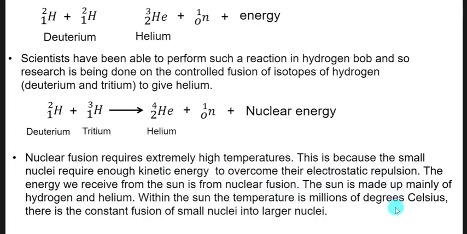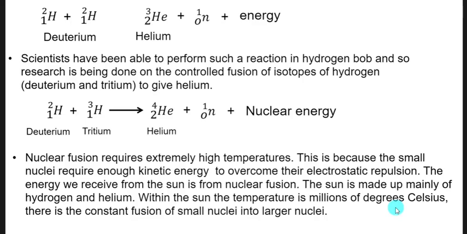So this reaction requires a lot of energy because you understand that the nucleus of atoms consists of protons, and protons are positively charged. So for these two to come and fuse, there must be a force that brings them together that is greater than the repulsion, because you must understand that positive repels positive.